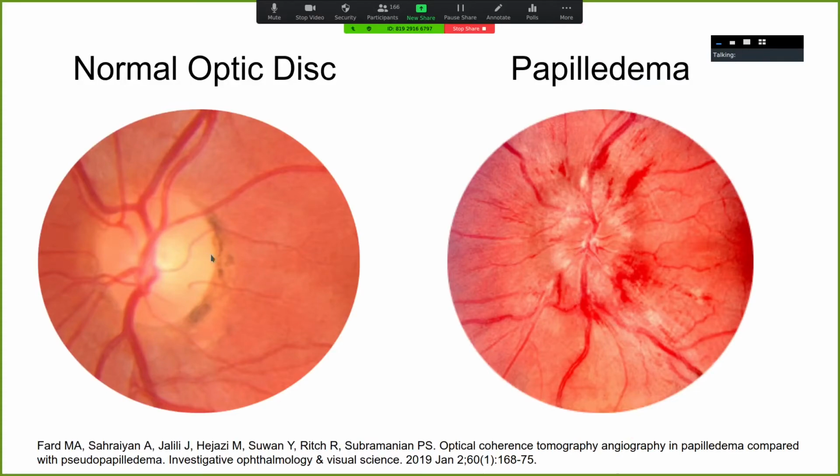This is a normal optic disc. These are normal blood vessels. These are not normal blood vessels. And there are no hemorrhages here. There are hemorrhages here. And here you can see some fluid actually coming out of the blood vessels. That's what we call edema or exudates, meaning the fluid that should not be there appears there. That's an exudate.